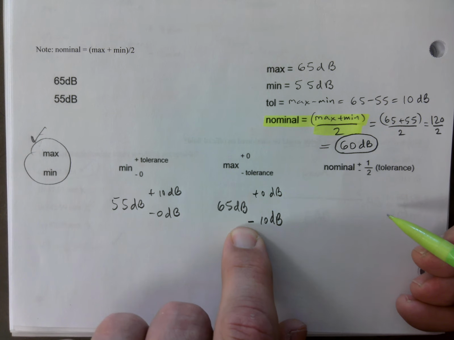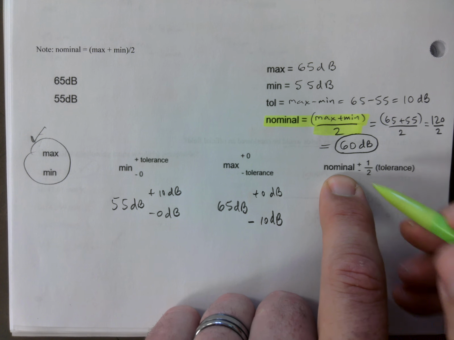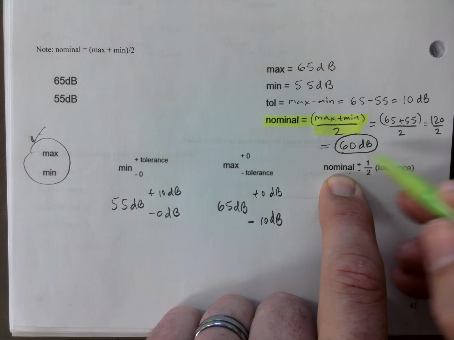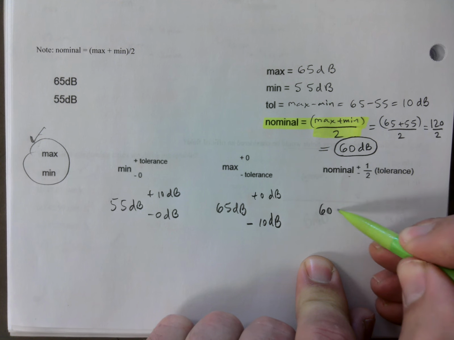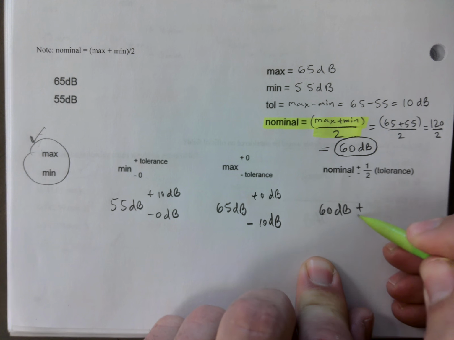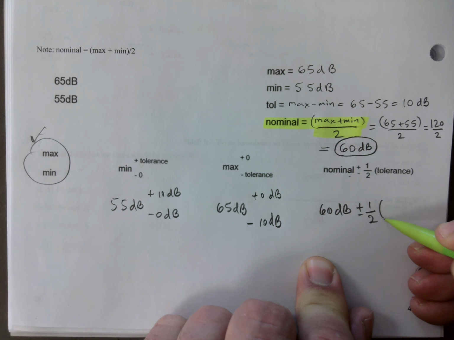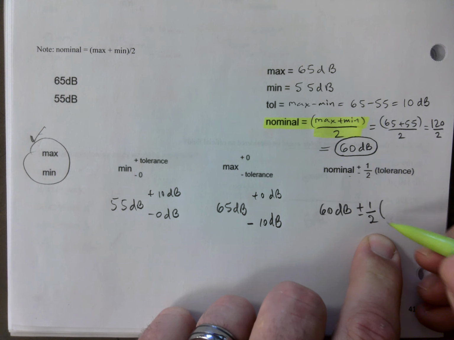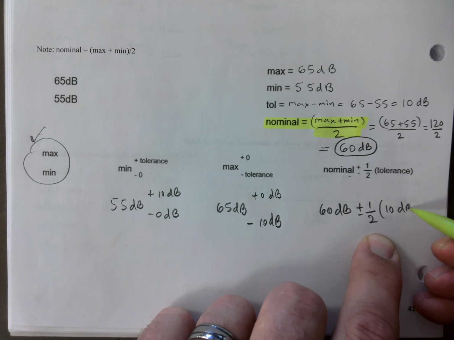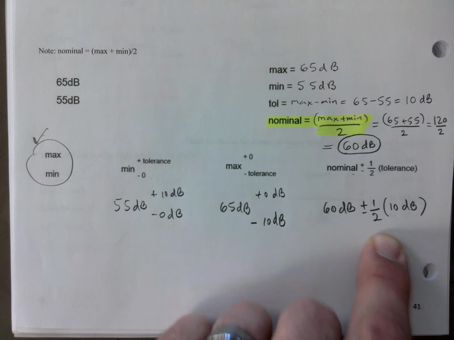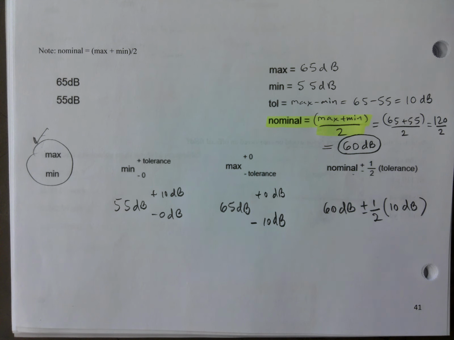So done. Then the last one asks for the nominal, which we know what it is. It's 60 plus or minus half of whatever the tolerance is, which we know is 10 decibels. So there you have it. Inventory, and then spread out and rewrite.